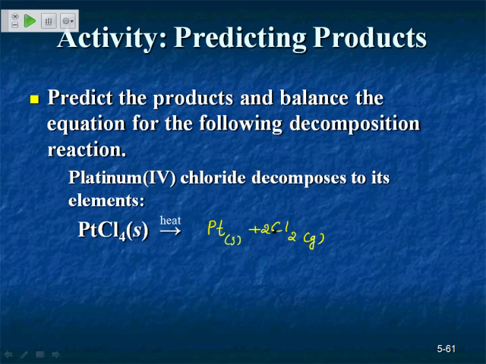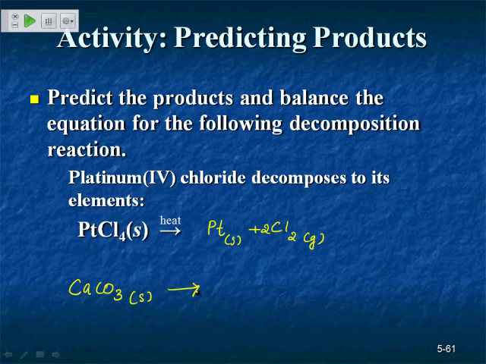Another decomposition reaction would be what you guys have performed in this week's lab, heating the marble chips. Okay? When you heated the marble chips, what happened? The chemical formula of marble chips is calcium carbonate, CaCO3 solid.